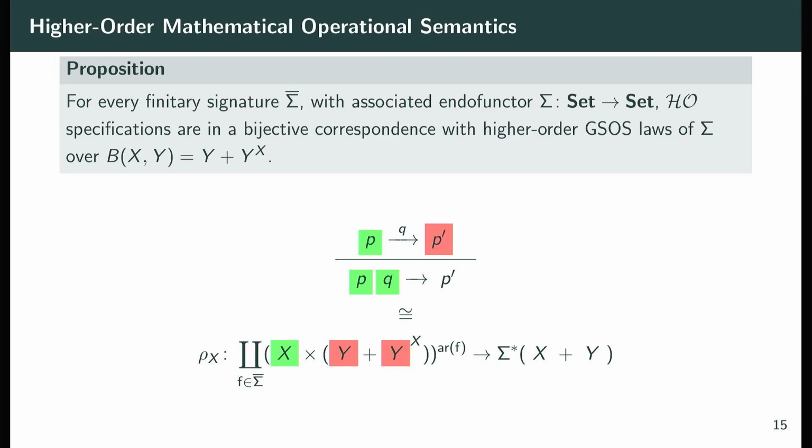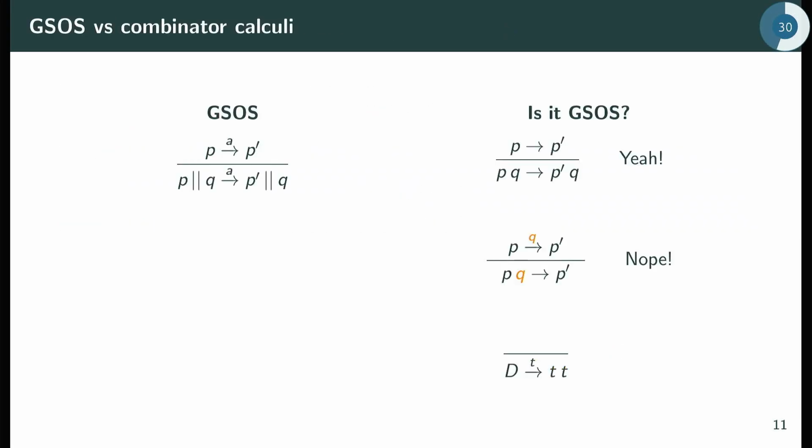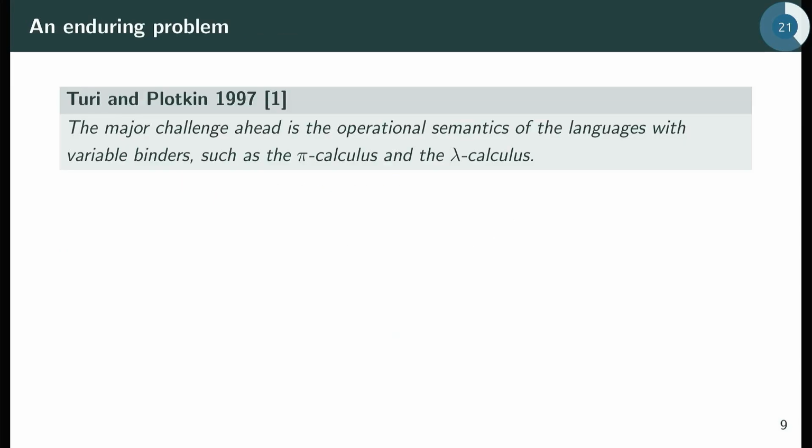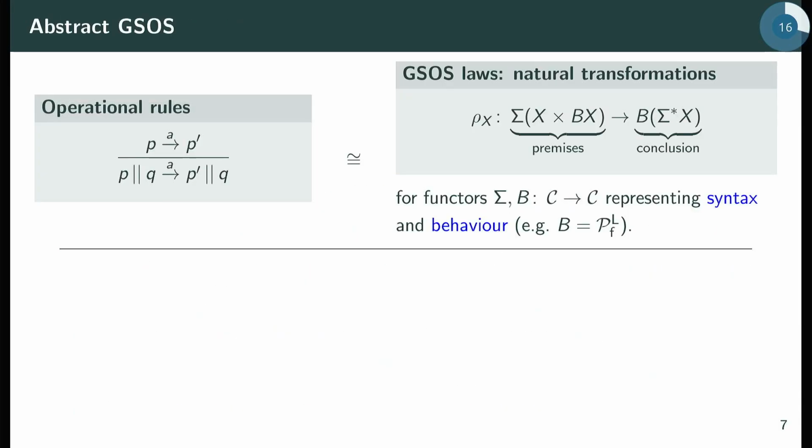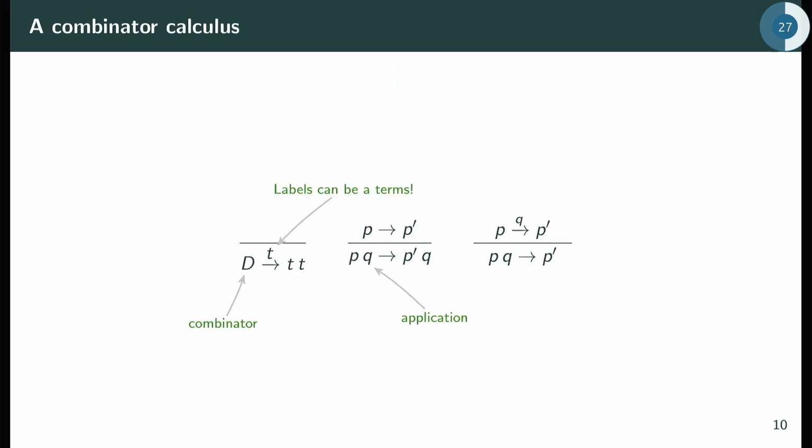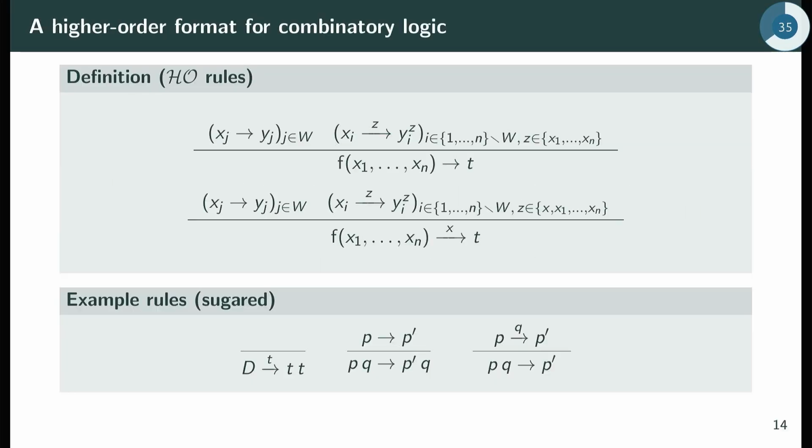Hi, thank you so much for the wonderful talk. So in the Plotkin-Turi paper from the 90s, there's this correspondence between the abstract GSOS laws and distributive laws of monads over comonads. Do you have something similar to that? Yeah, we do. I just might have missed it, sorry.